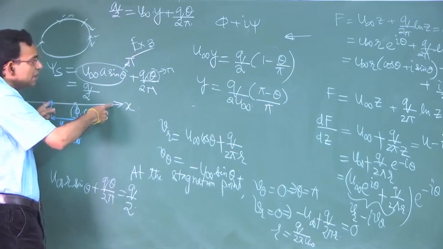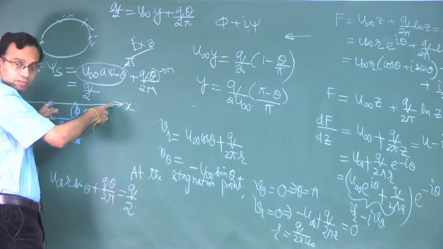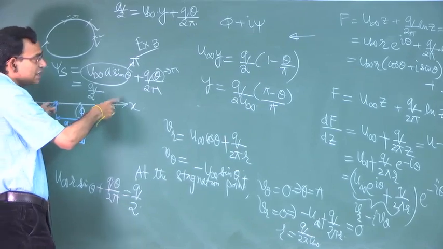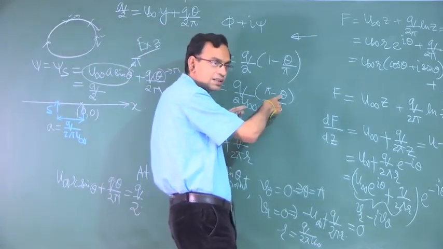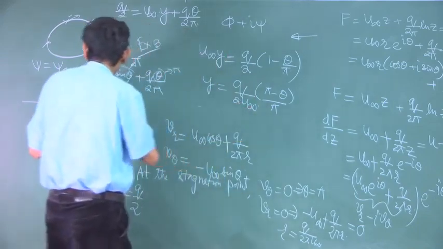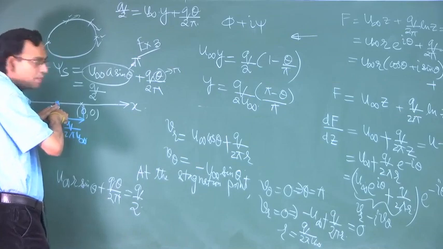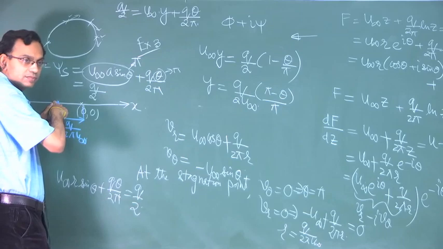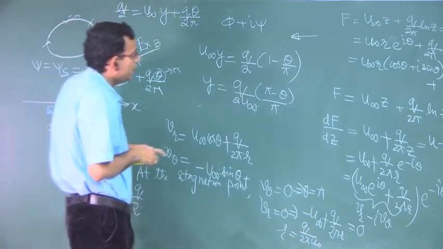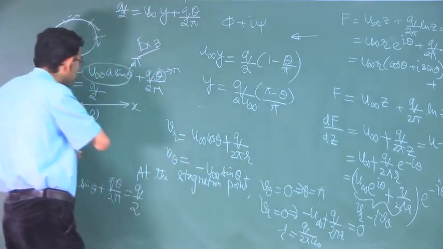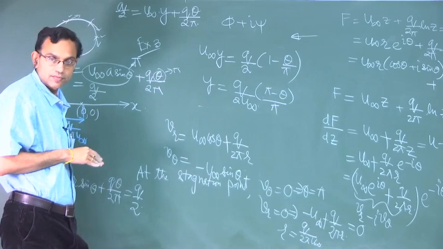That means, do you have somewhere where y is equal to 0? Yes, only this point, but on this side, except for theta equal to pi, nowhere else is y equal to 0. That means this curve does not pass through the x axis again except at this point. Okay. Number 1. Number 2 is, this curve is symmetric with respect to the x axis, right.